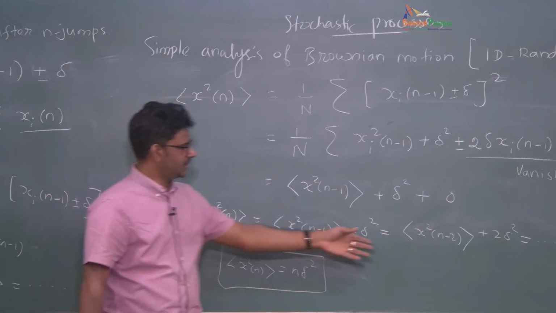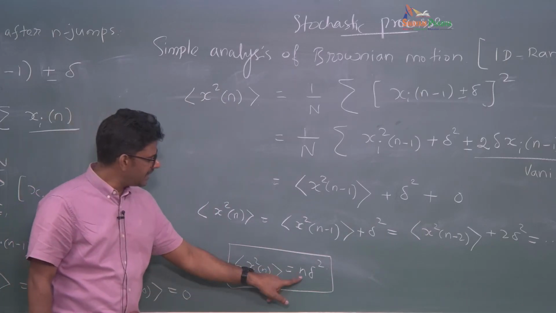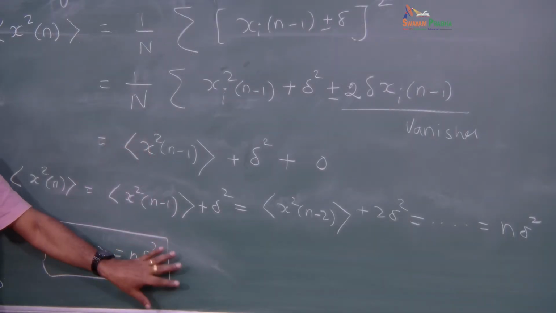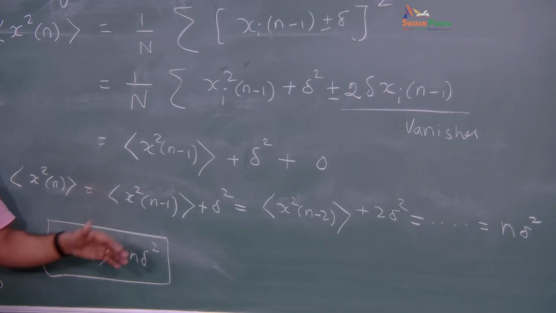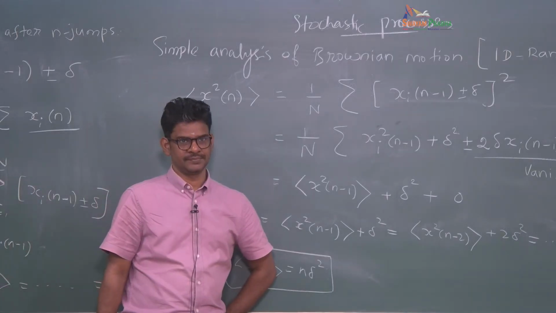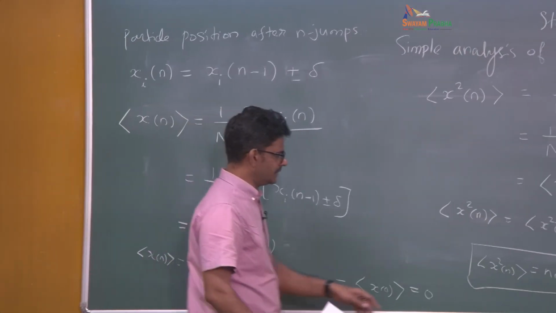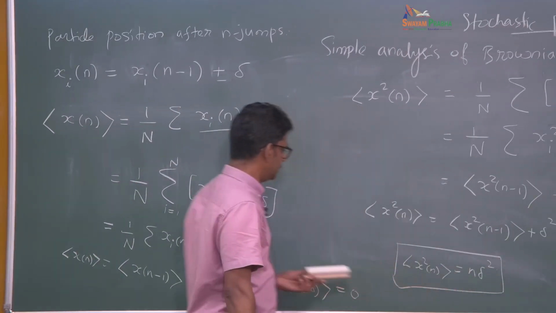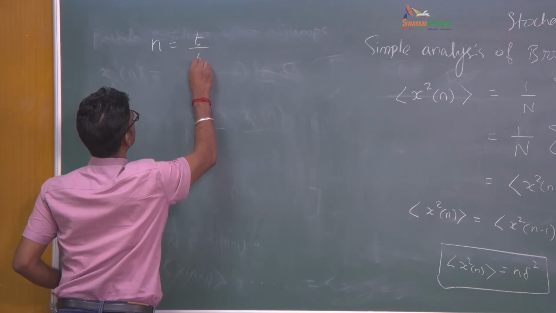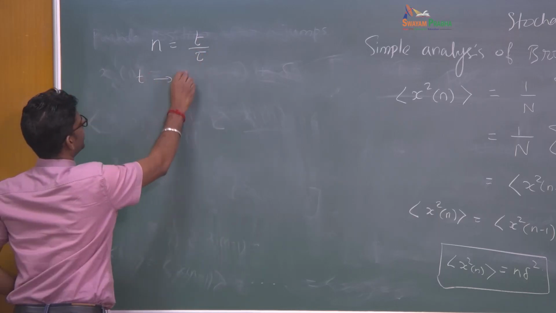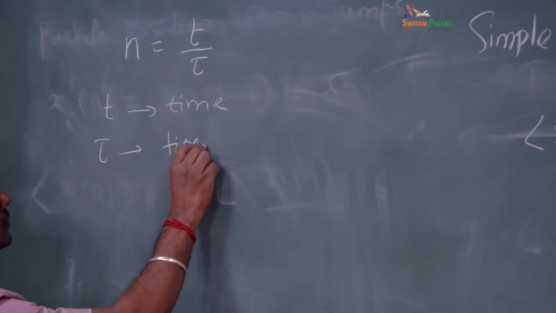If I write this recursively, I can show the mean square distance after n jumps is n times delta square, and this is a non-vanishing quantity. When you increase n, the mean square displacement also proportionally changes. So now we will replace this n in terms of time. Here t is the time, and tau is the time required for one jump.